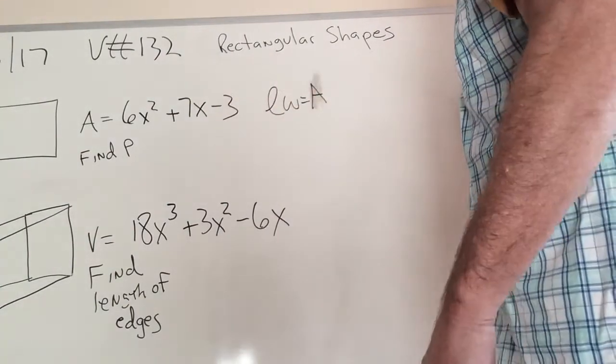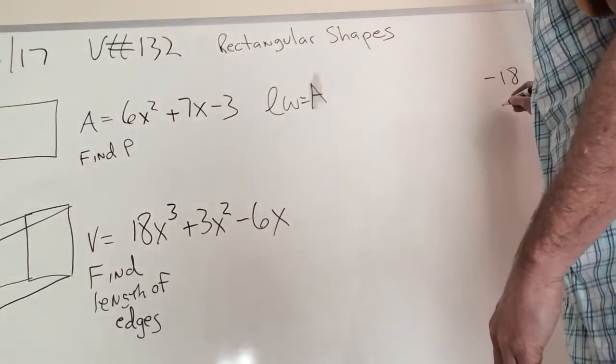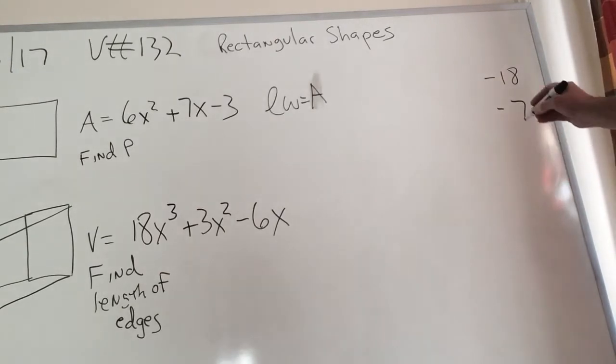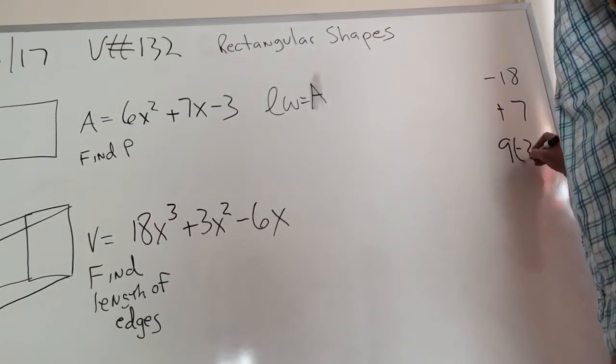So let's factor this guy. 6 times 3 is negative 18. What 2 factors multiply out to negative 18, but at the same time add up to a positive 7? Anybody who's thinking about this, you'll have to work it out.